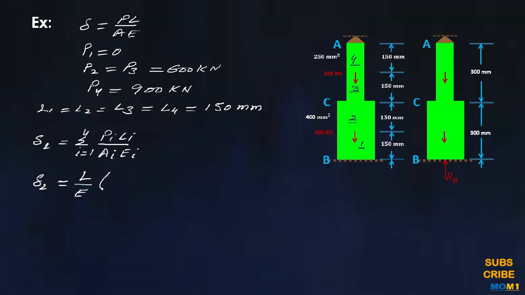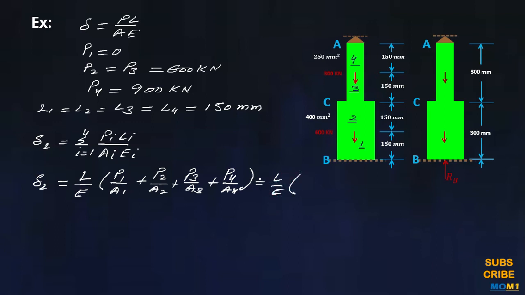Now considering this first, P1 upon A1 plus P2 upon A2 plus P3 upon A3 plus P4 upon A4. Now this is going to be multiplied by L upon E.